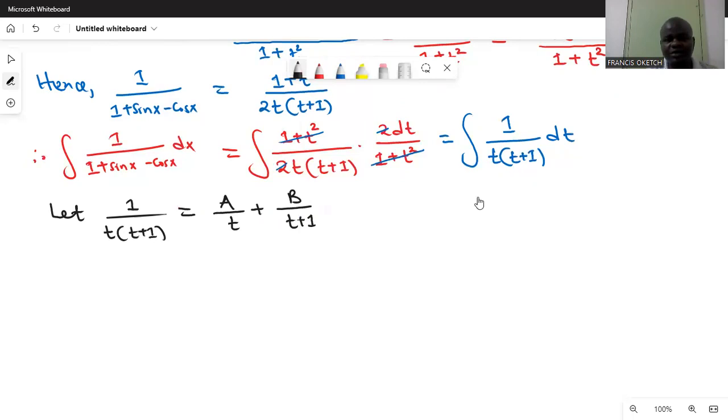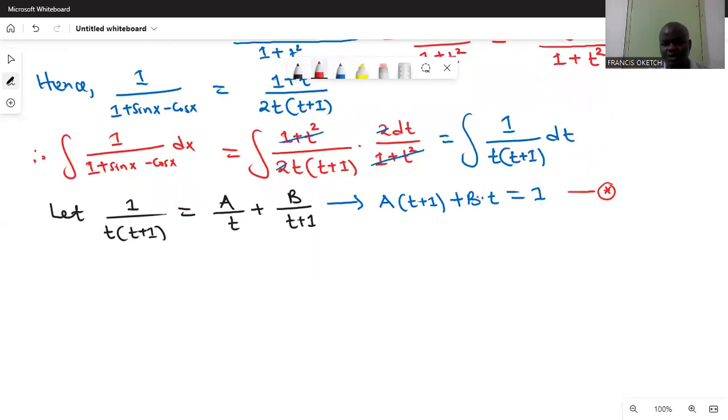So if I multiply this equation by the LCM, we are going to get a times t plus 1 plus b times t, and that should give us 1. I can call this equation star. So a and b are constants which we need to find.